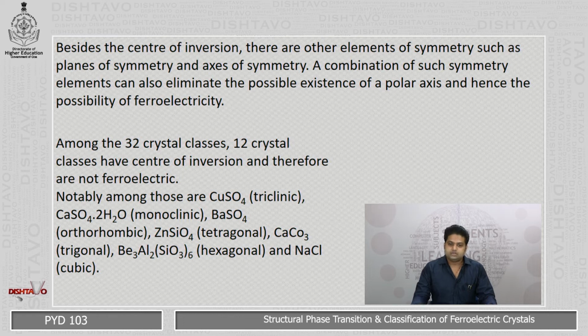Notable among them are copper sulfate, which is triclinic, calcium sulfate with 2 molecules of water, monoclinic, and barium sulfate, orthorhombic, and so on. So just having a dipole moment is not enough. It should not have the center of inversion, or any form of such symmetry.